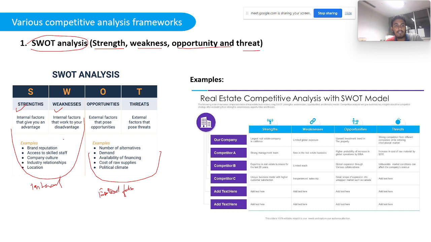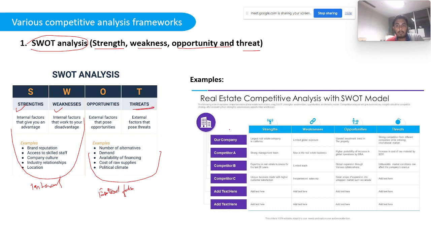So these are internal factors. Opportunities are those you get from outside because of your design or your product. Those are the external opportunities. Then external threats are those things which can hamper or affect your journey, your market entry.